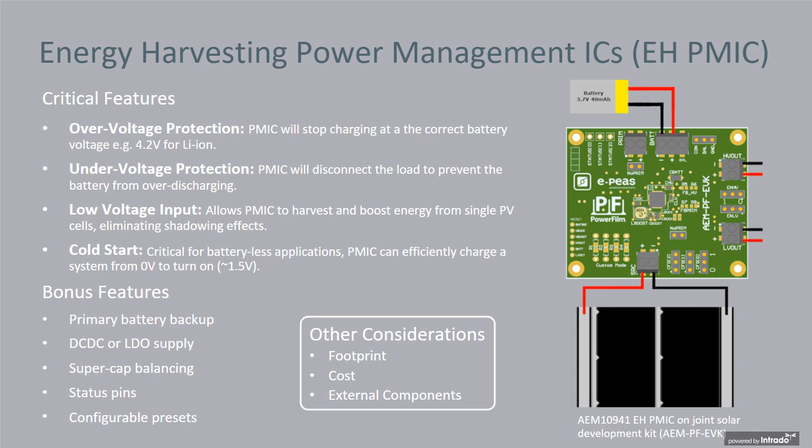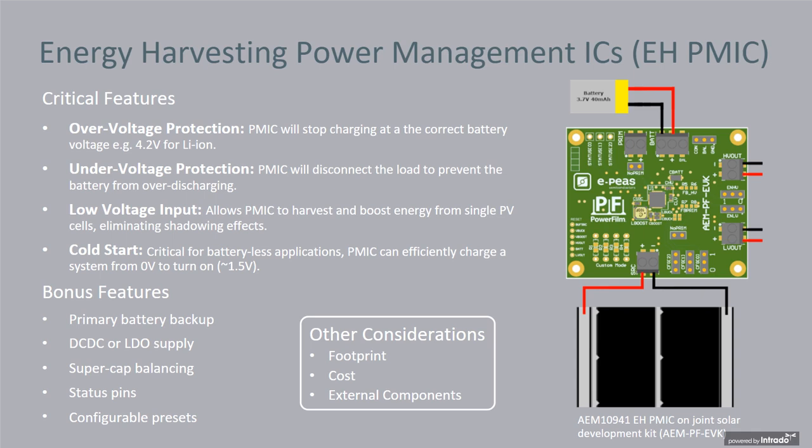So a PMIC should have some sort of overvoltage protection. Solar cells have a very wide active output voltage range, and that needs to be controlled so that it doesn't do something like damage a battery by overcharging it. So your PMIC should have overvoltage protection to stop charging your battery at a predefined termination voltage.